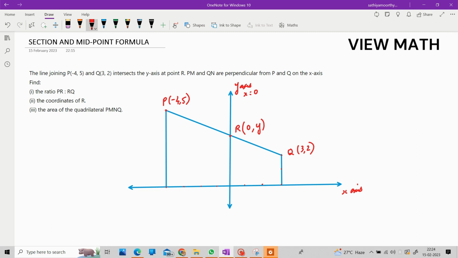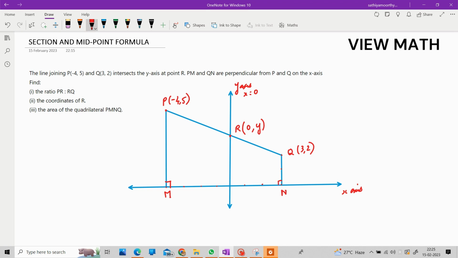From P they are drawing a perpendicular to the x-axis, which is nothing but PM. And next QN, again a perpendicular to the x-axis. So this is QN they have given.